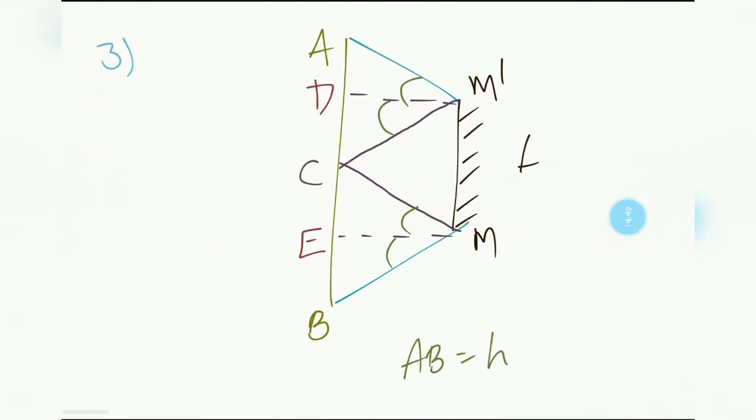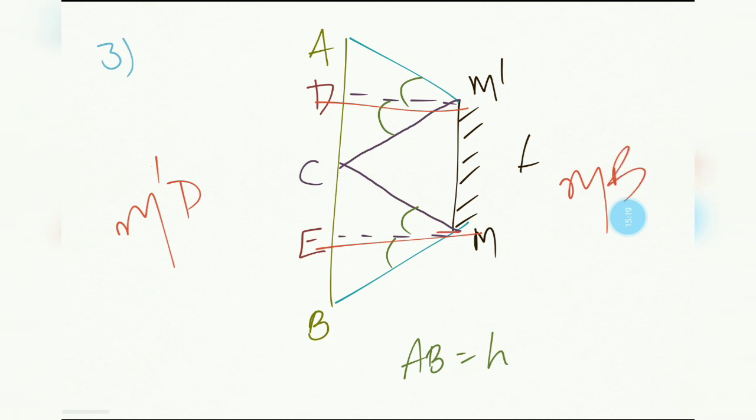So I've drawn the perfect image for this, and here everything I showed you. So this one, this one, this one, this one, they are of equal length. Remember that, because it's the point which we have drawn, the incident ray and reflected ray both will be equal. Keep that in mind. Now you see something new here which I have not told you, that is M'D and MB. What are they?